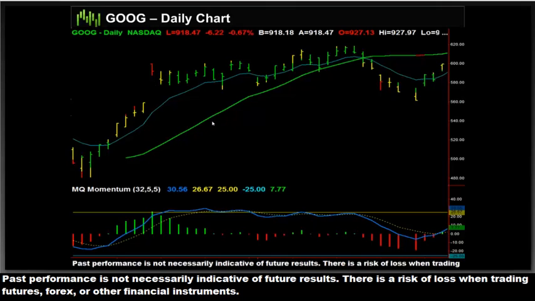I don't need the line to tell me where the trend is, and I don't necessarily need it to tell me when the trend is starting to end. I can see that in the price action, and also in the number of divergences that usually start to occur here. But what I do take note of is the steepness of the indicator.